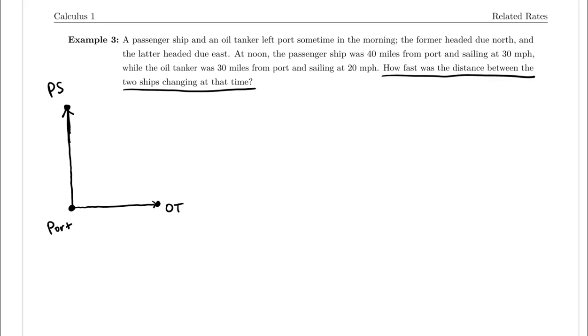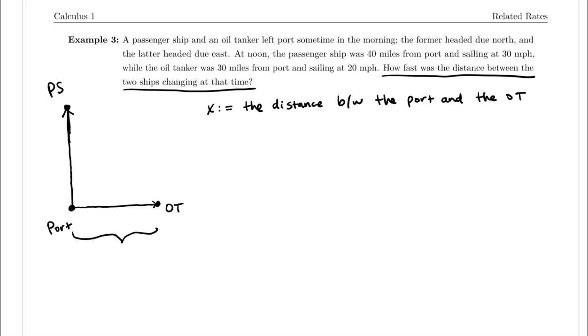So now what I'd like to do is define some variables. I'm going to define x to be the distance between the port and the oil tanker. So in my picture, it would be this horizontal distance here. That would represent x.